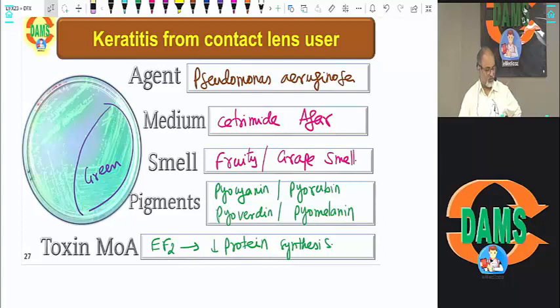Keratitis from contact lenses, it possesses exotoxin A. Okay, exotoxin A.